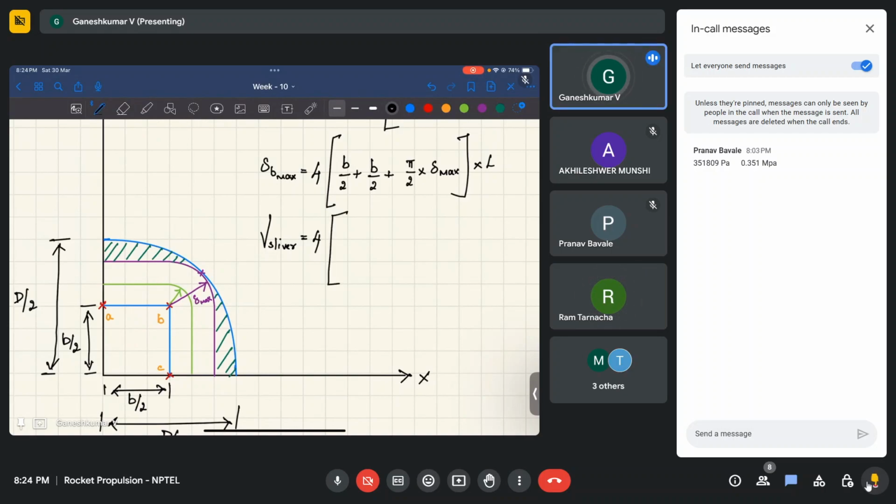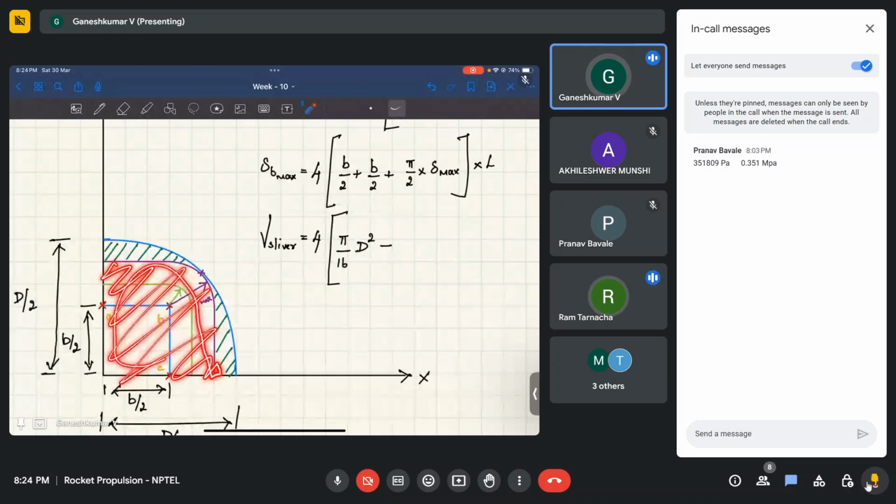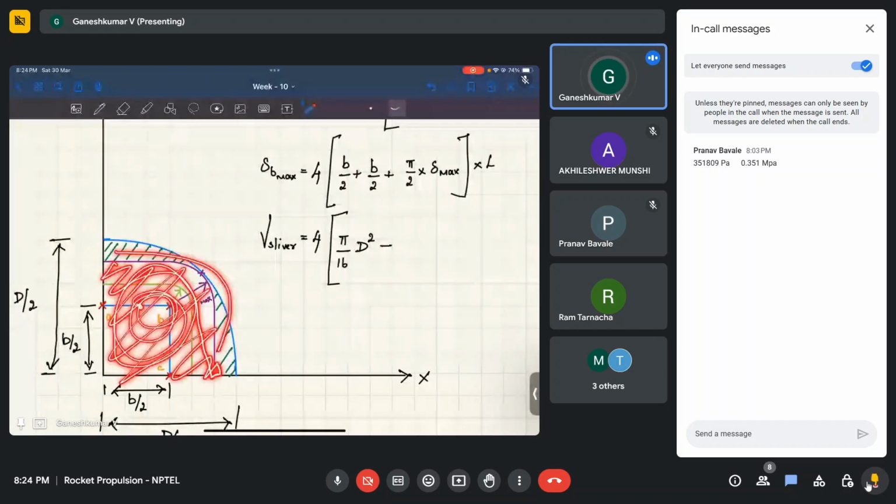Again it's going to be 4 times this whole circle divided by 4, which is pi by 4 divided by 4, pi by 16 into d square, minus this shaded area. 4 times the shaded area is going to give you the sliver mass, or sliver volume. So how do we find that?